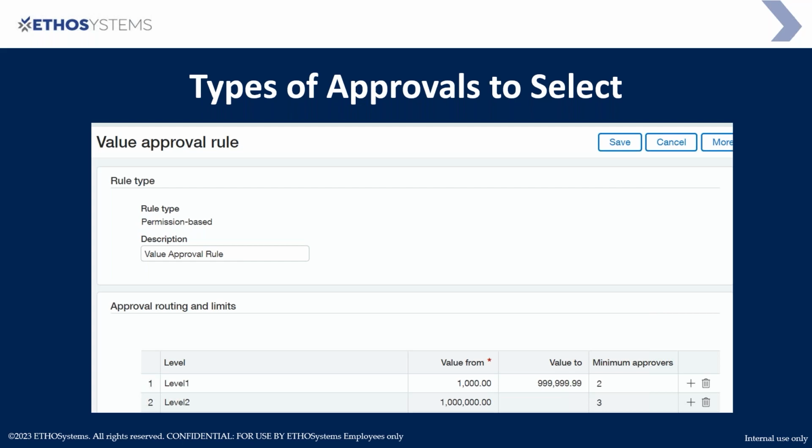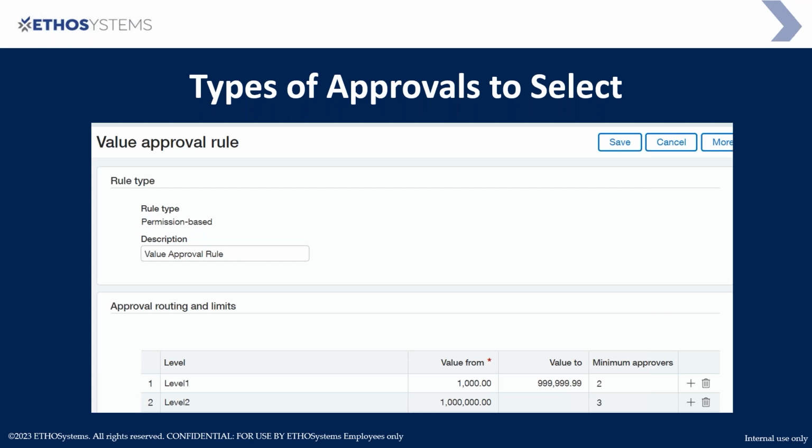If it's level 2, if it's the 1.5 million, for example, 3 people would have to approve it. So technically that invoice would be approved by 5 people. So it's a combination. Depending on how complex we want to get, we can have it go through a lot of people, or we can minimize the dollar thresholds and have it just go through 1 person. It's just a preference of how we want to set it up.